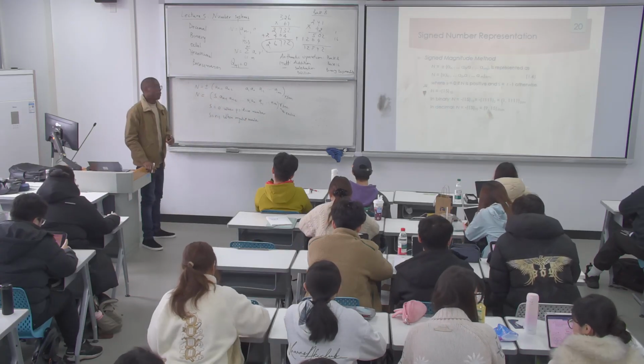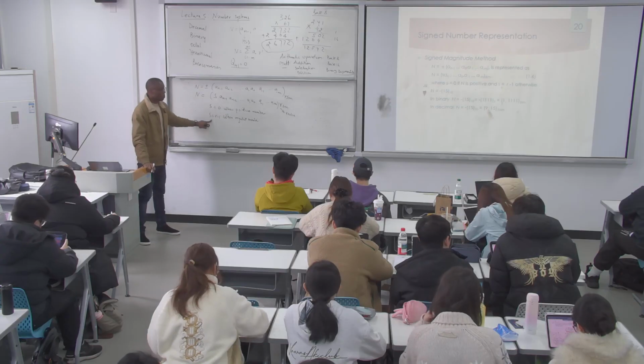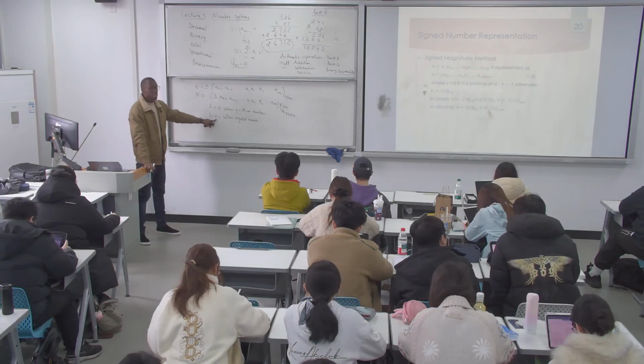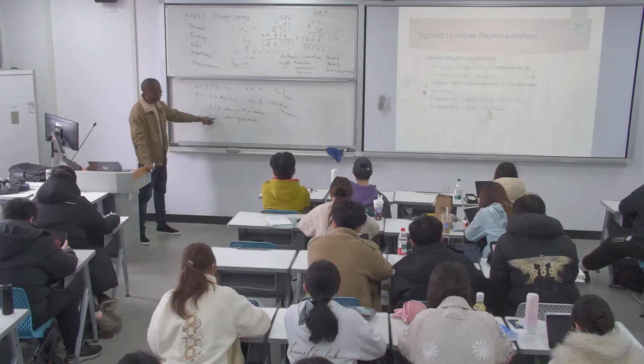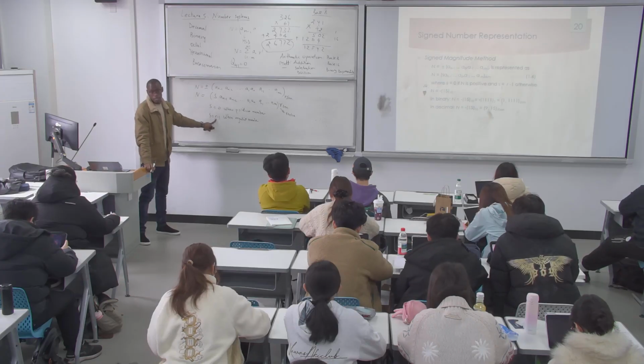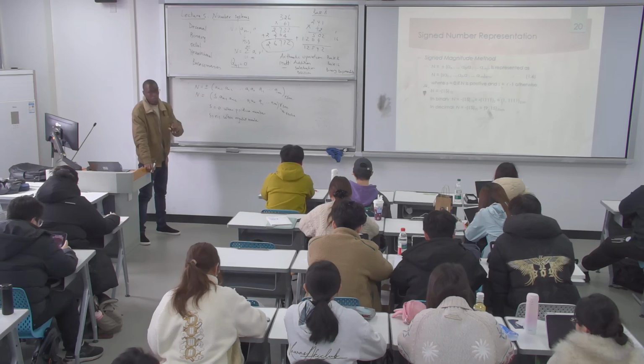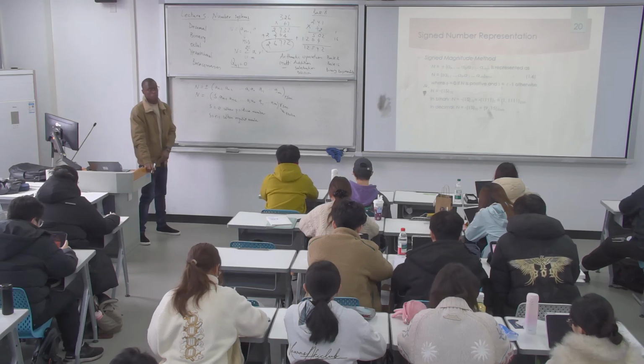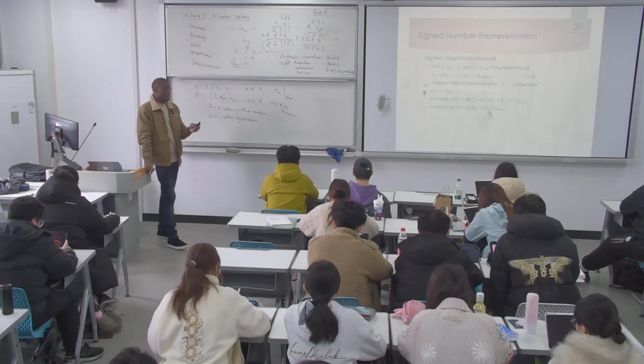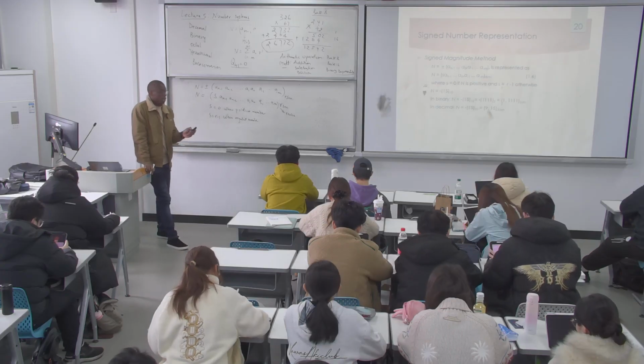Clear? So if we are in base 2, to represent a negative number, we need a 1 before the number itself, because 2 minus 1 is 1, so that's why we have 1 in front of a negative number in binary.